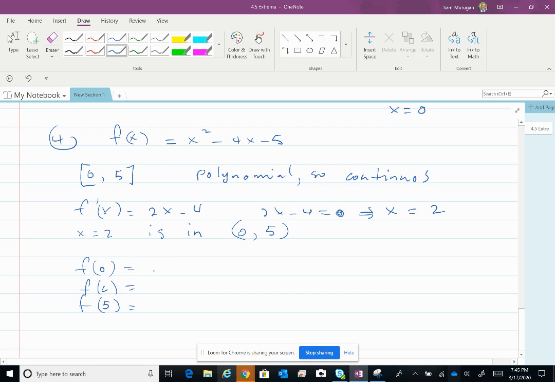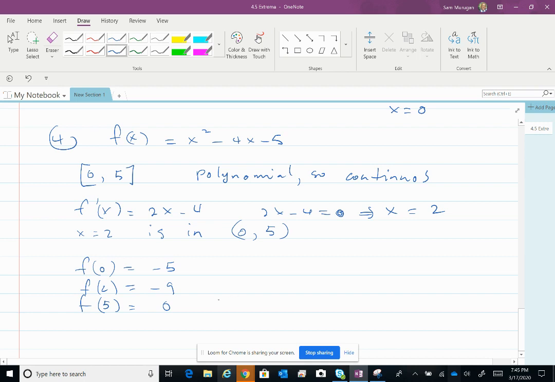Substituting in 0, we get -5. Substituting 2 in here, we get 2 squared minus 8 minus 5, which is equal to -9. And substituting 5 in here, we get 25 minus 20 minus 5, equal to 0.